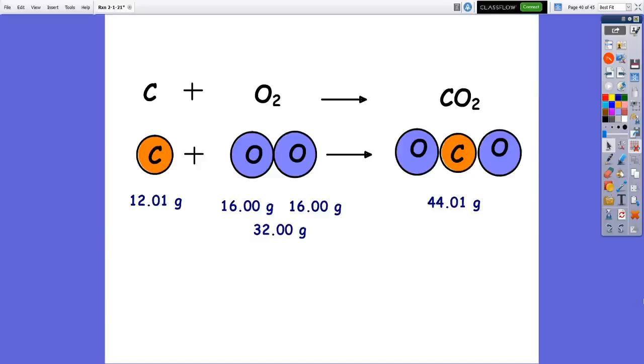If I have just 1 carbon, that means I have 1 mole of carbon atoms. So its mass is 12.01 grams. If I have O2, I have 1 mole of oxygen atom number 1 and 1 mole of oxygen atom number 2. So 1 mole of my first oxygen atom is 16.00 grams. 1 mole of my second oxygen atom is 16.00 grams.